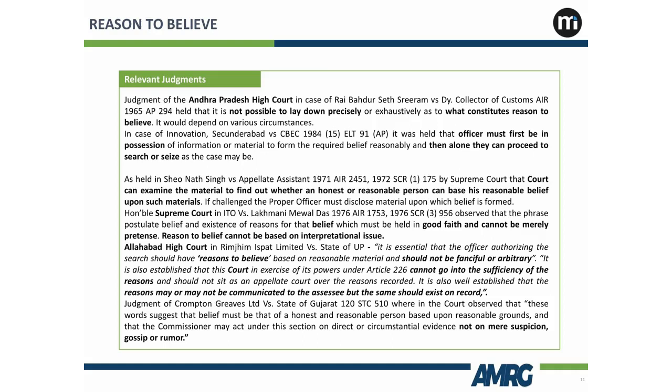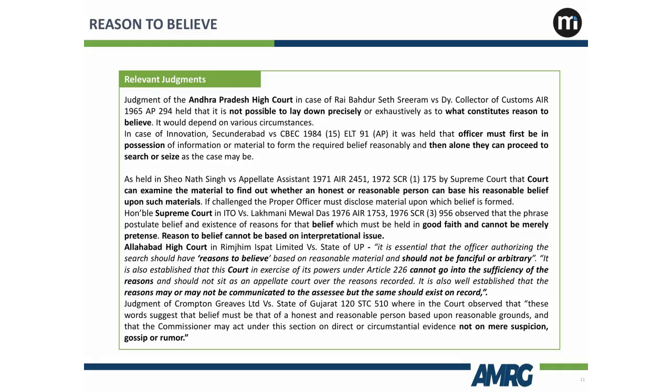They should be sufficient, and the reasons may or may not be communicated to the taxpayer, but they should exist on record. If you remember, the FAQs of CBIC said it is not necessary to record that in writing, whereas courts are saying, especially the Allahabad court, that it should exist on record. If it does not exist on record, it means it does not exist at all. And whenever we go to the department, it is always a couple of years, maybe 5, 10, 20 years, by the time the matter reaches the high court.